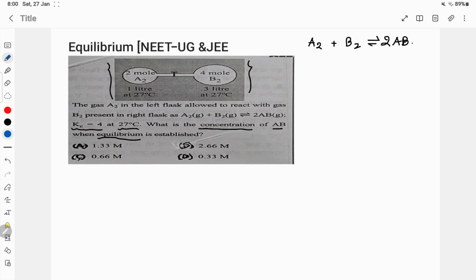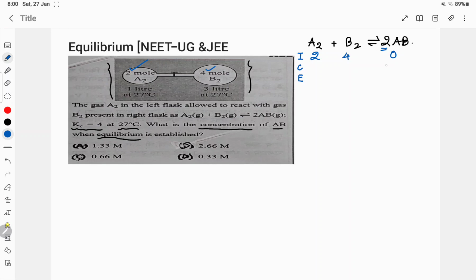So as usual, let's construct the initial change equilibrium table, or as we usually know it, the ICE table. Initially there is 2 moles of A and 4 moles of B, and initially 0 moles of AB. After this, let's write change.